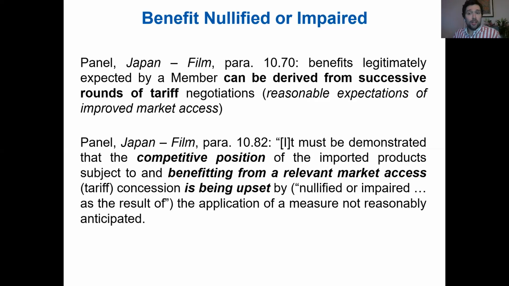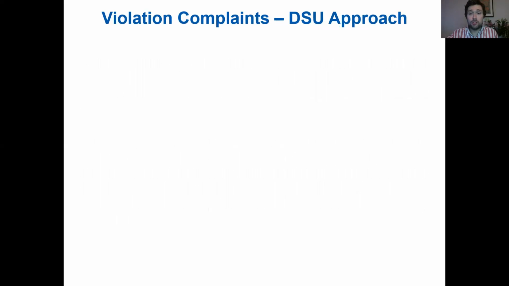It only applies to violation complaints, and no changes are there for non-violation complaints and situational complaints. But this change with respect to violation complaints significantly simplified the standing, simplified the abilities of WTO members to initiate formal disputes. So what was the change?